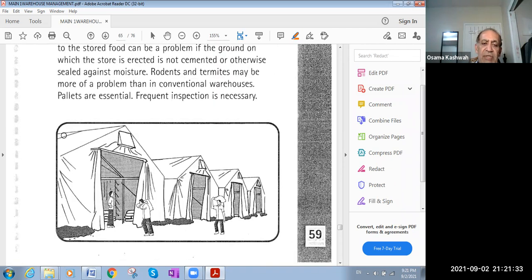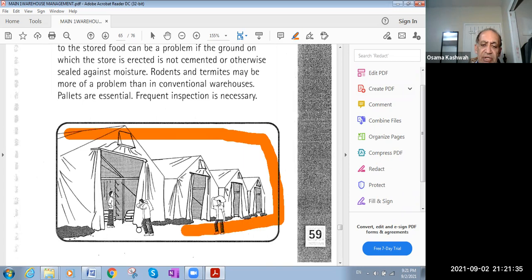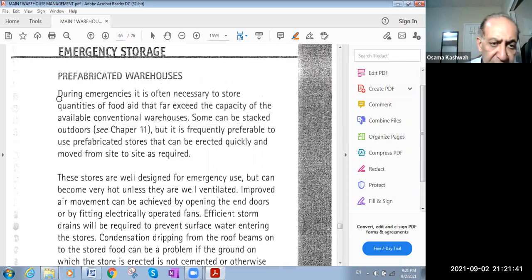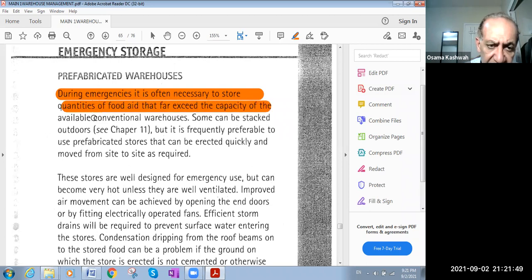So this is the emergency storage. This is another kind of storage, emergency storage. During emergencies, it is often necessary to store quantities of food aid that far exceed the capacity of the available conventional warehouses.